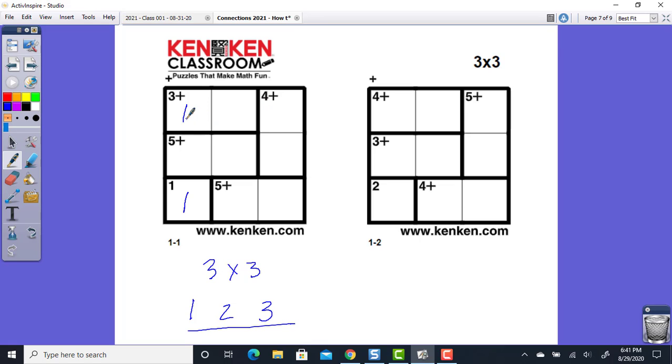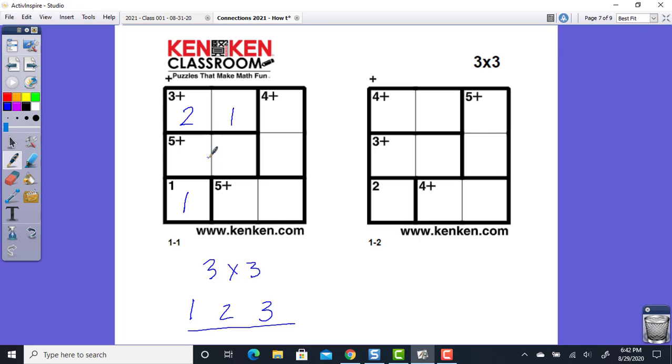So we cannot have a 1 here. So I'll go ahead and erase it. Since we cannot have a 1 here, and we know that 2 numbers that satisfy this cage's question are 1 and 2, this must be the 2, which makes this the 1.